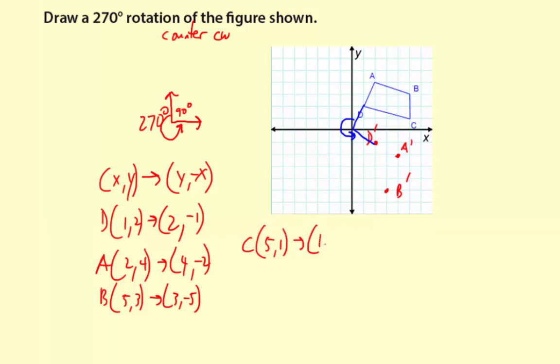That will go to 1, -5. So 1, -5. Now I'm going to rotate all the points in between the vertices, and I'm doing that by drawing the segments here for the image.